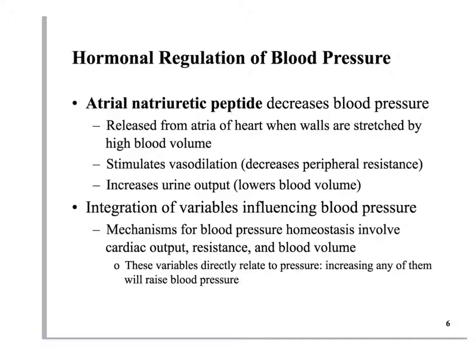Atrial refers to atria of the heart, right? Natriuretic refers to a salt concentration. Okay? So this is released from the atria of the heart. So when you have a large preload, a large amount of blood volume coming back to the heart, the atria stretch.